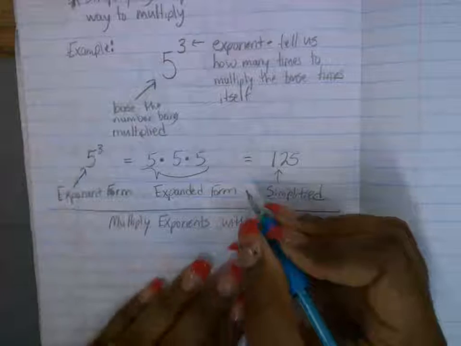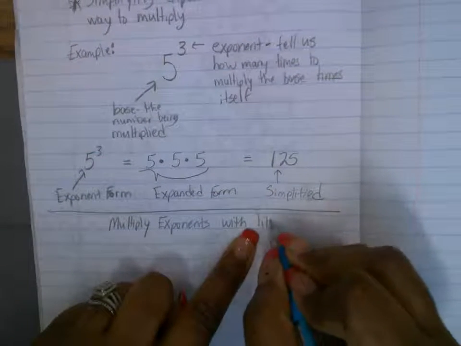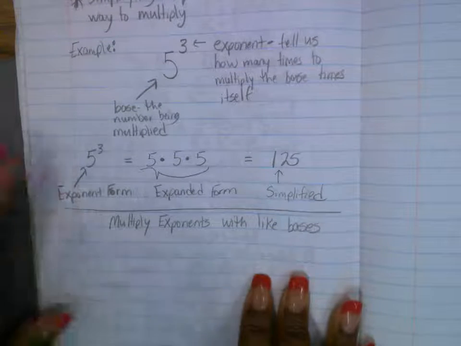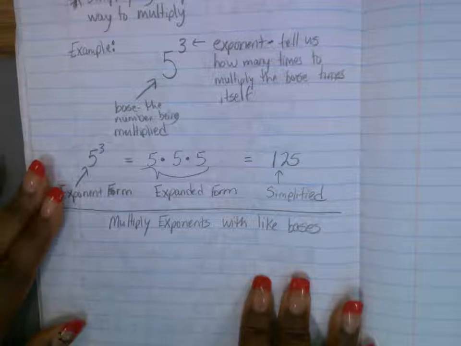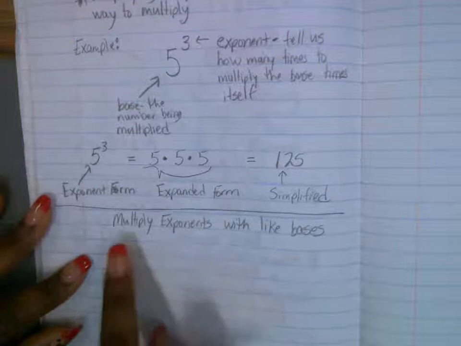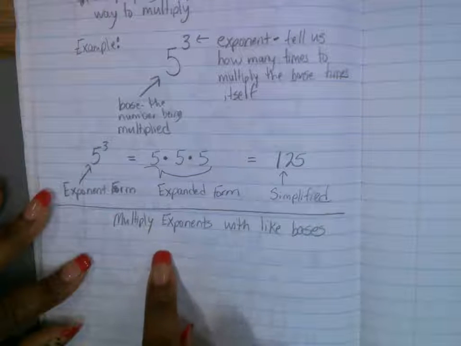That means the bases are going to be the same. This is the base. Leave a couple spaces. So I'm going to go back and write some up here. I'm going to leave maybe 2 spaces.